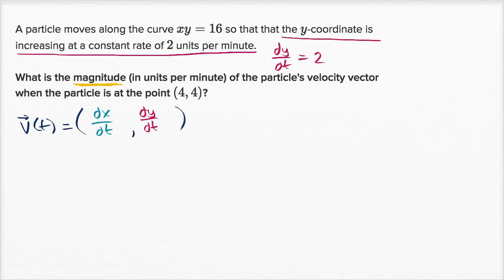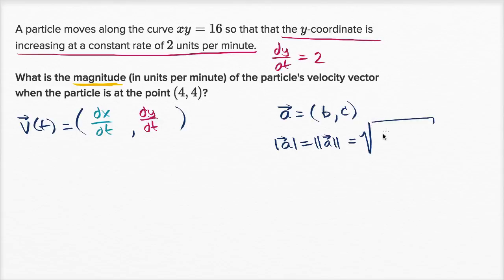Let me do a little bit of an aside here. If I have some vector, let's say a, that has components b and c, then the magnitude of my vector, sometimes written like that, sometimes with double bars like that, comes straight out of the Pythagorean theorem. It's the square root of b squared plus c squared: the square root of the x component squared plus the y component squared.